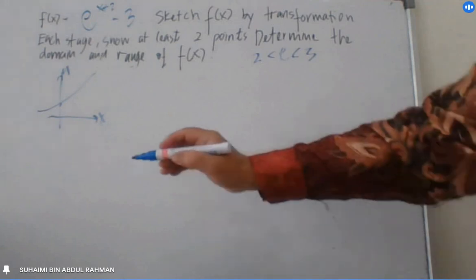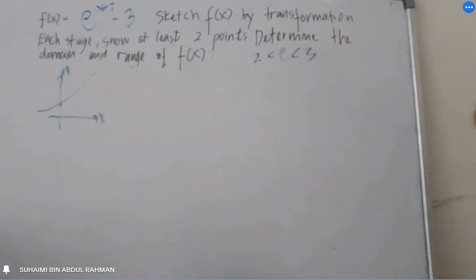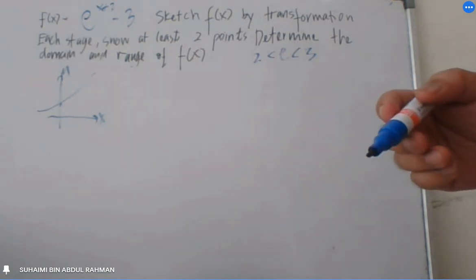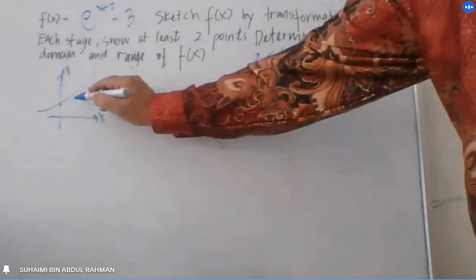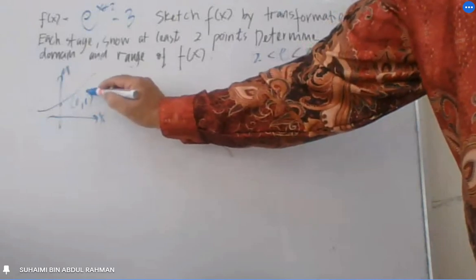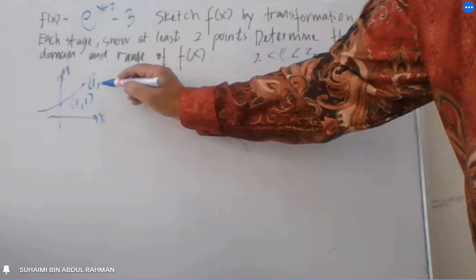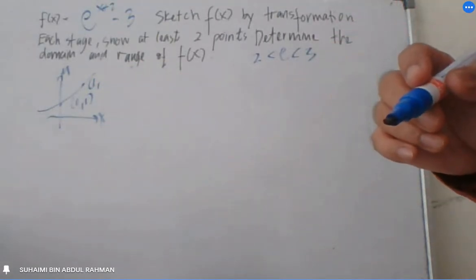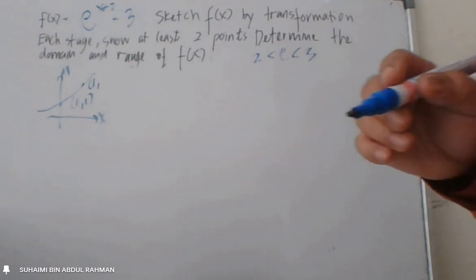So the points here are the points crossing the axis: the point (0, 1), and another point we choose is (1, e).